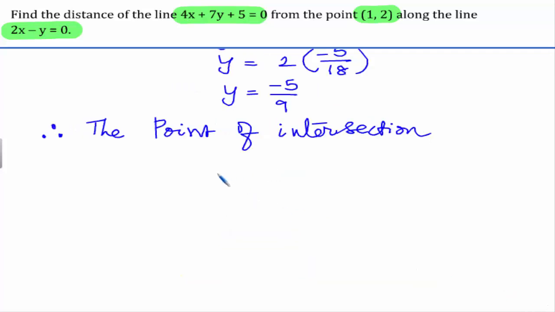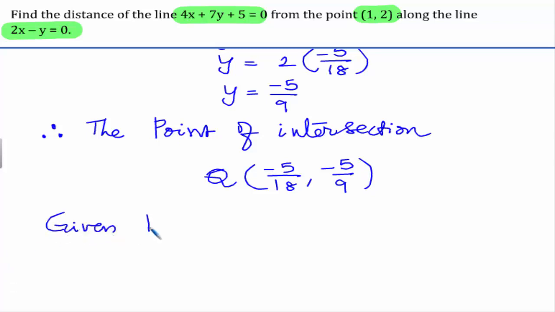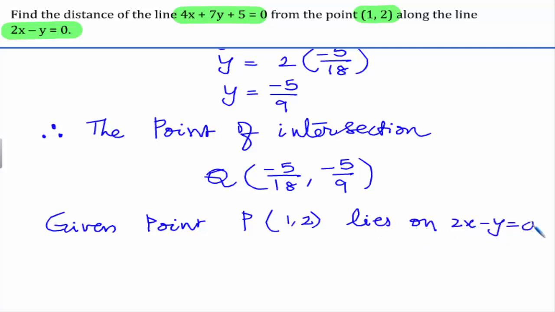Let us name that as Q. This point is minus 5 by 18 is the value of x and minus 5 by 9 is the value of y. Now given point, let us assume that as P, which is 1, 2, lies on the line 2x minus y is equal to 0, and this point also lies on the line.